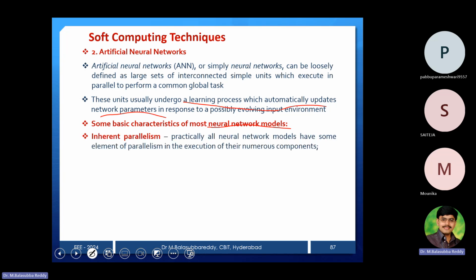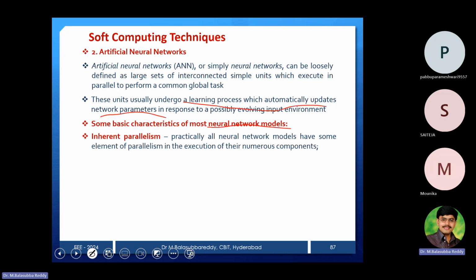The first is inherent parallelism, whereas in conventional methods we cannot do multiple works at a time; parallelism is not possible in the conventional method. But here there is inherent parallelism. Practically all neural network models have some elements of parallelism, so it is the major advantage.